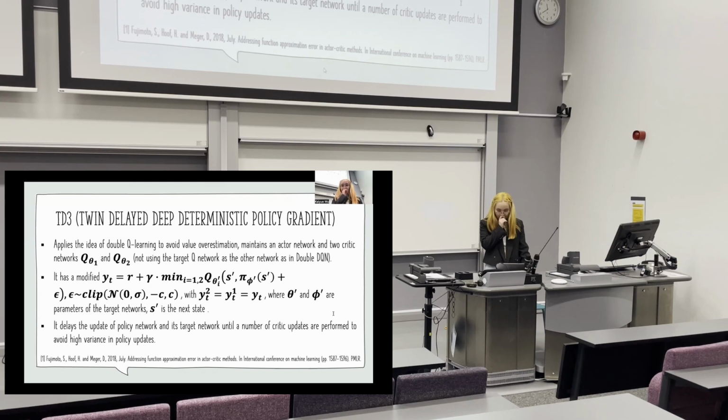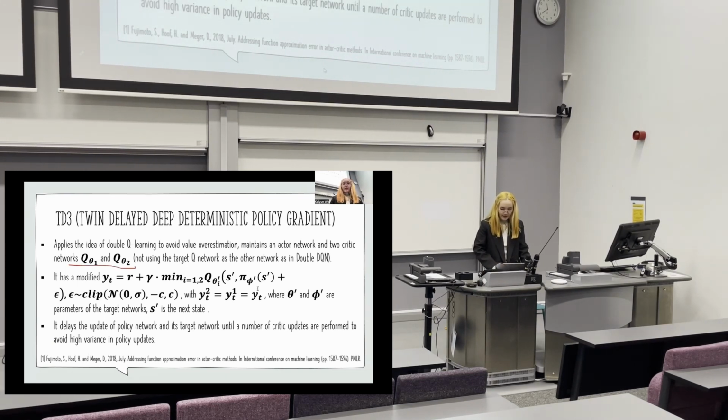And now here comes our last algorithm, which is called TD3. It applies the idea of double Q learning to avoid value overestimation. It explicitly maintains an actor network and 2 critic networks, Q theta 1 and Q theta 2.